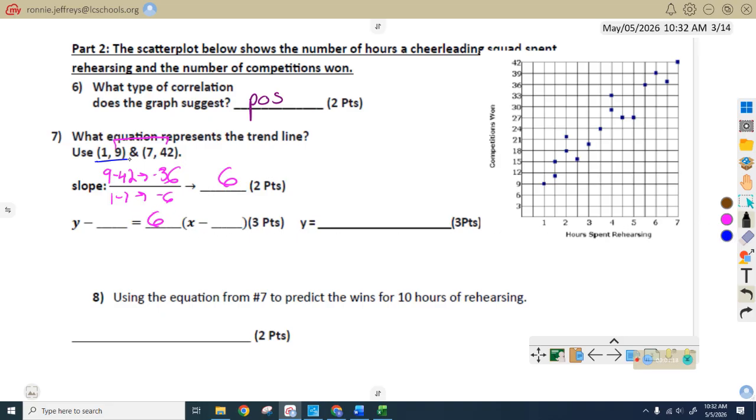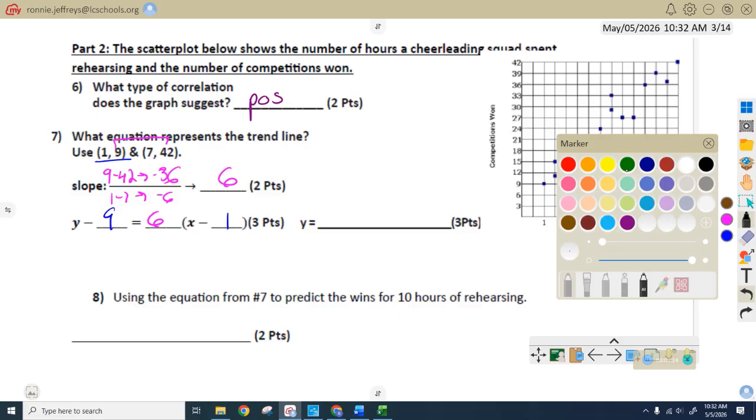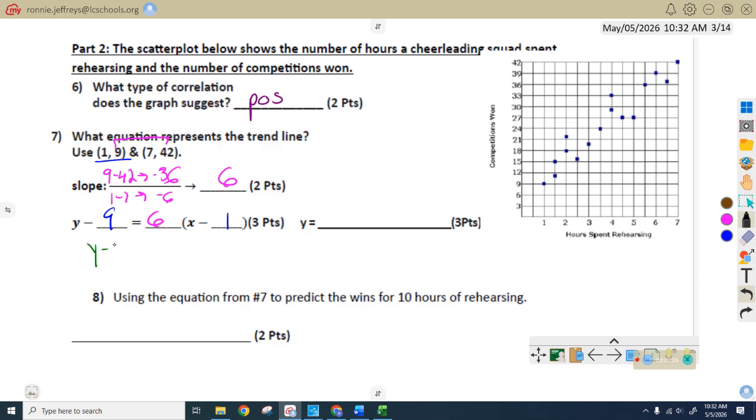Now, easiest point, I would choose 1 and 9. Okay? So y minus 9 equals 6x minus 6. Add 9. Alright, so I even put a y equals, so all you really have to write is this right here.